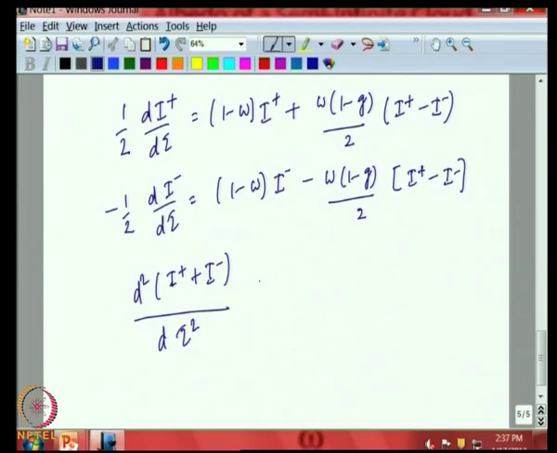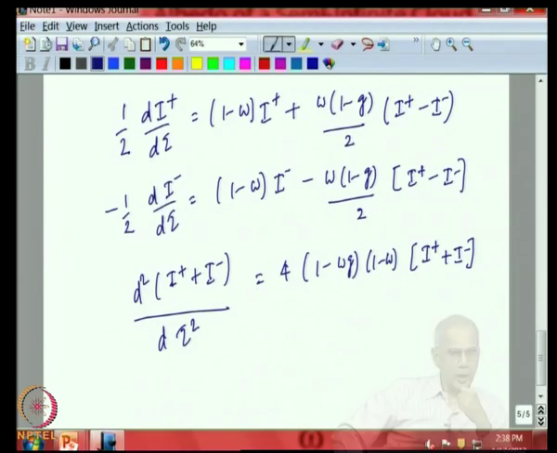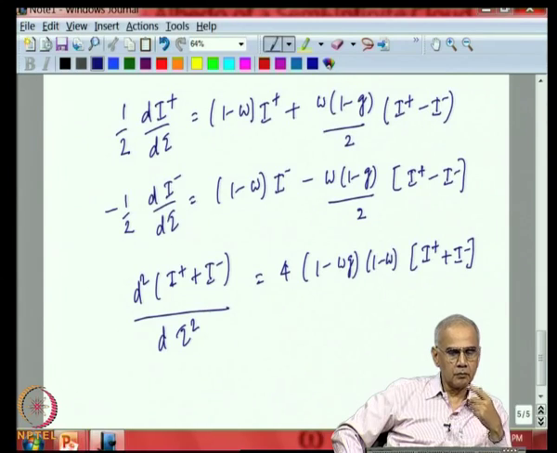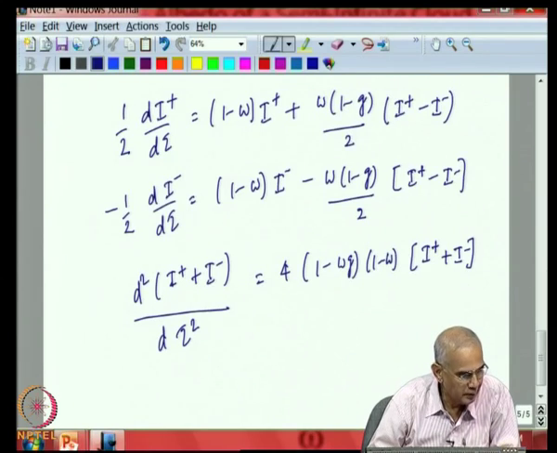And you will get it as 1 minus omega g into 1 minus omega into I plus plus I minus. So, you are getting now a single equation for I plus plus I minus, and we can get a similar equation for I plus minus I minus. So, we do not write it down because it is similar.